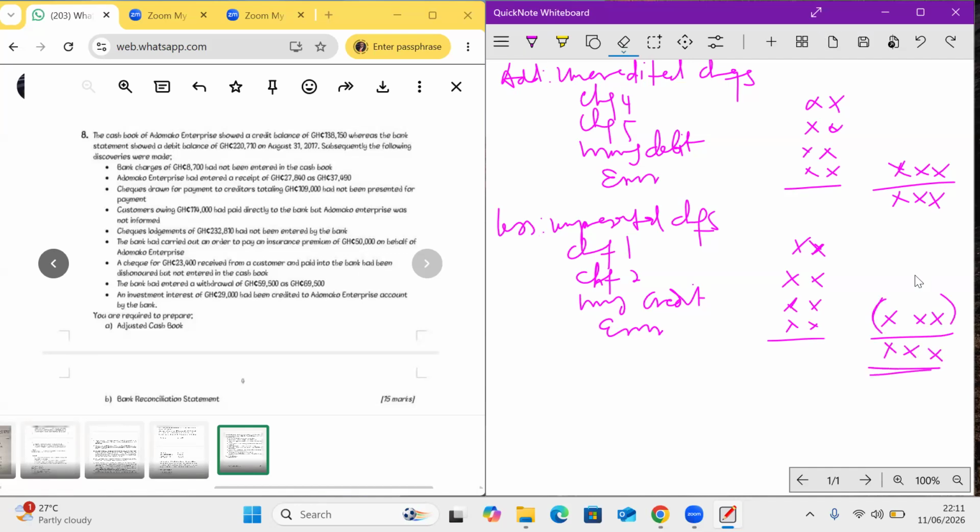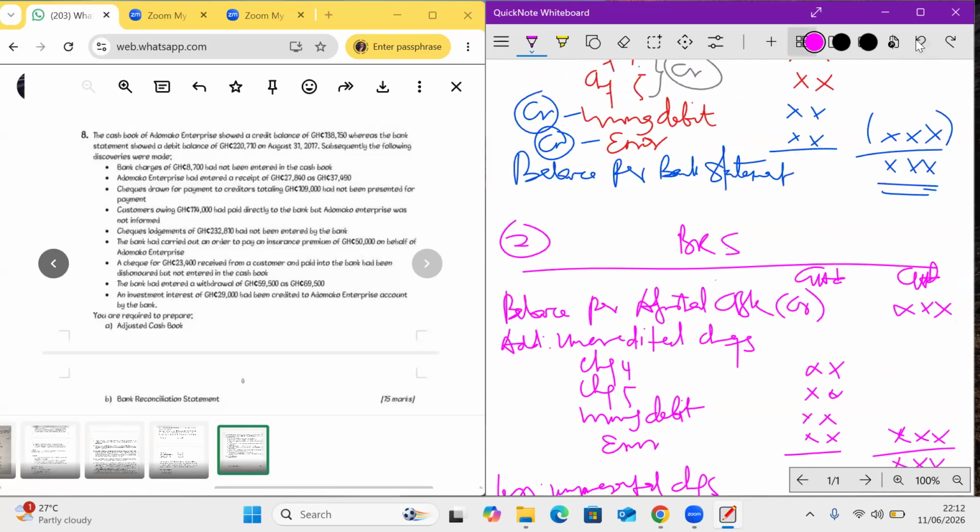So here, let me write it here. We can have positive or negative. The negative is called overdraft, OD. So we will say balance as per bank statement. Your final answer could be positive or negative. If it's negative, it's called OD. The same applies to the first part.